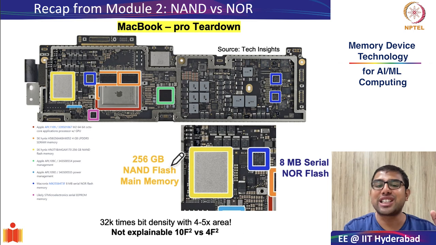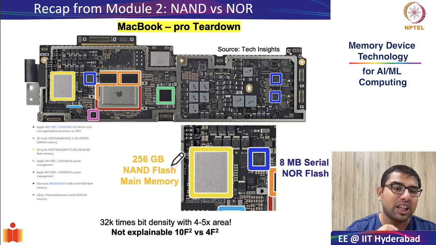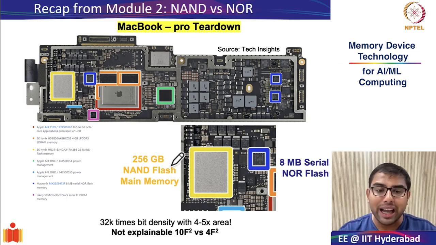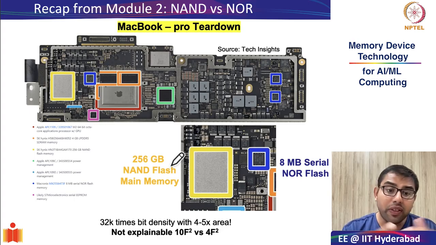But this does not explain it. Just 10 times to 4 times is roughly 2.5 times in difference of the area scalability. But in actual chips, we are seeing that this bit density is much larger, several orders of magnitude larger than what is explained by the cell layout.